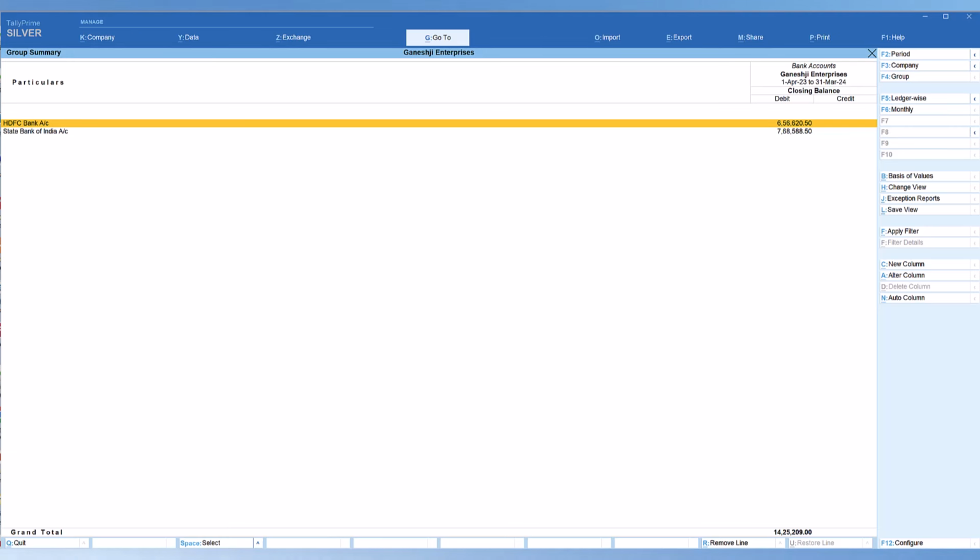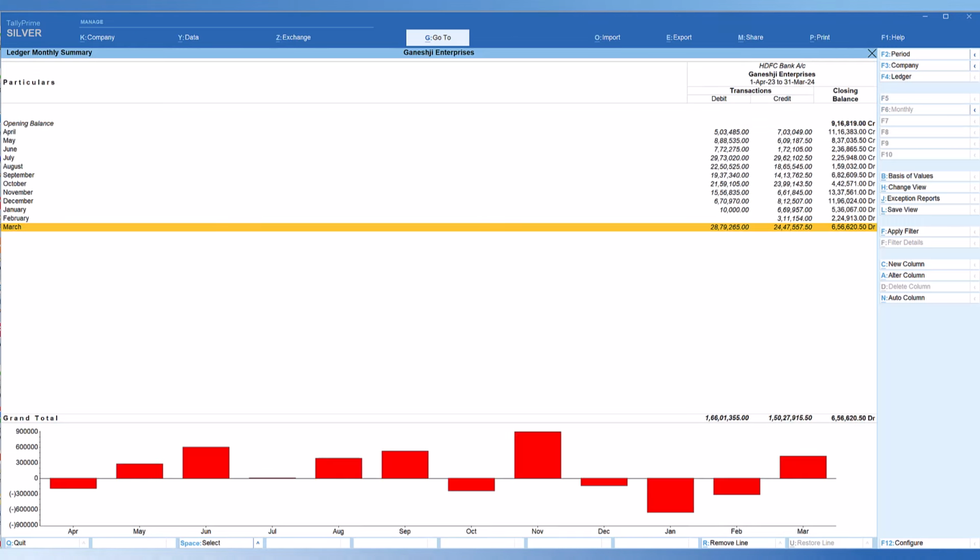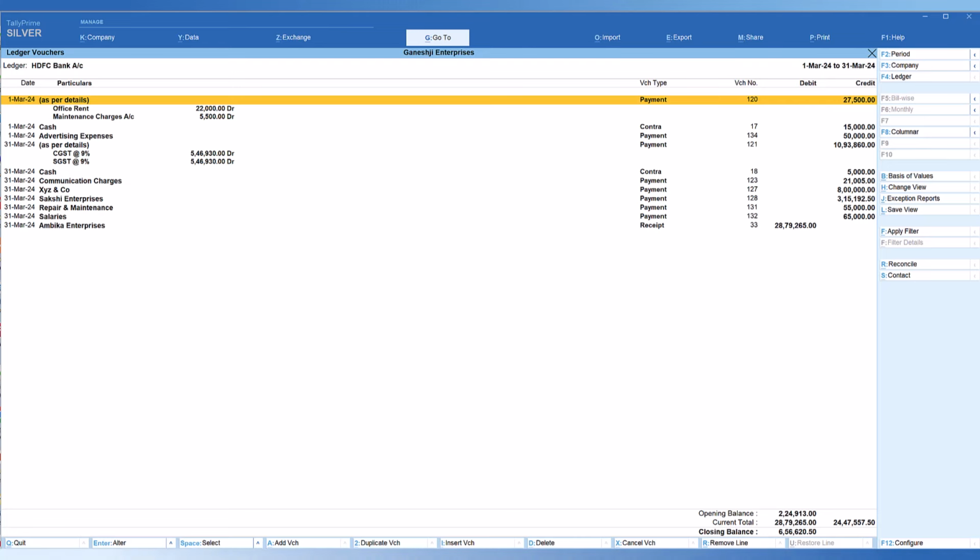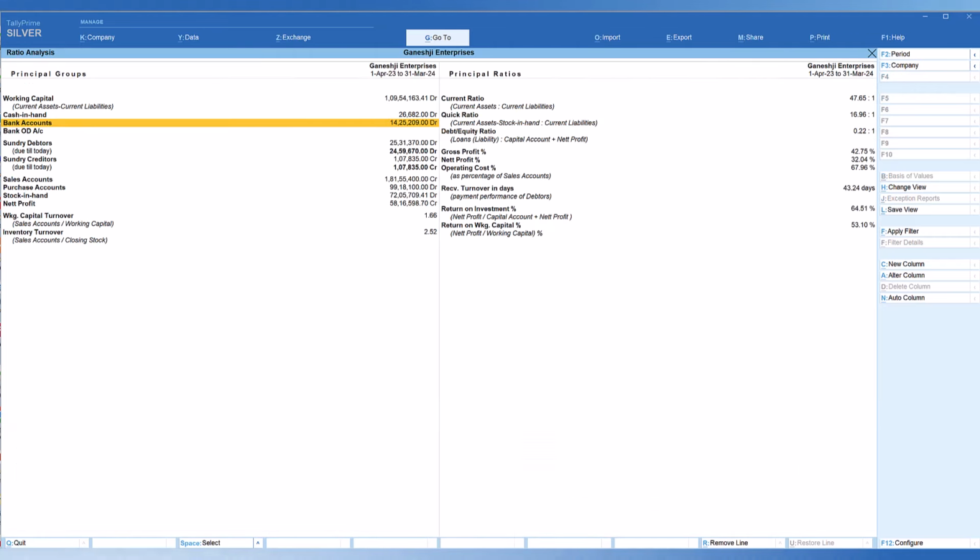You can further drill down by pressing enter and see the monthly report, select a particular month, and then you can see the voucher transactions. For example, when I select HDFC Bank and press enter, it gives the monthly summary of the debit and credit transactions. Select a particular month and press enter, and we will go into the vouchers for that particular month. You can just escape and come back. The company does not have any OD account.